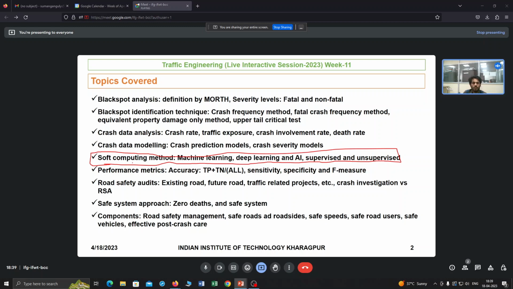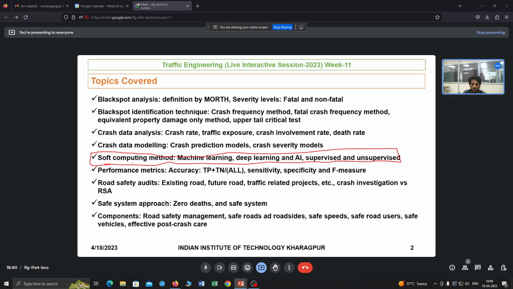They also say that if collision speed increases, the chances of fatality also increase, right? So they want to develop a safe speed limit and build the road in such a way that even if humans commit mistakes, there will not be any deaths. That is a brief overview of the safe system approach.